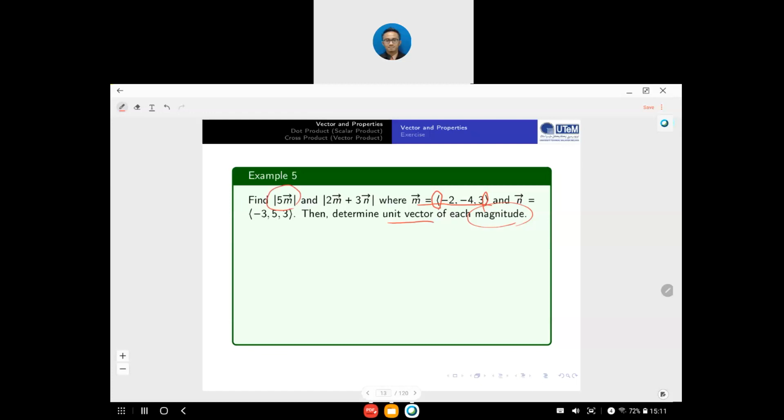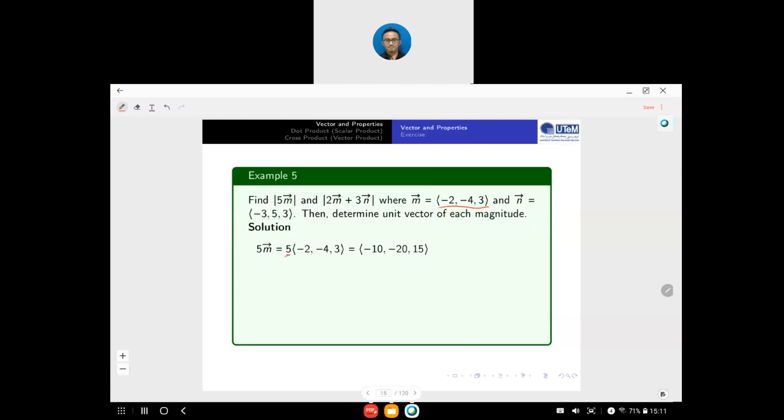Okay, so now let's find the first one first, 5m. We know m is [-2, -4, 3], and we have 5 here, so you must multiply by 5.